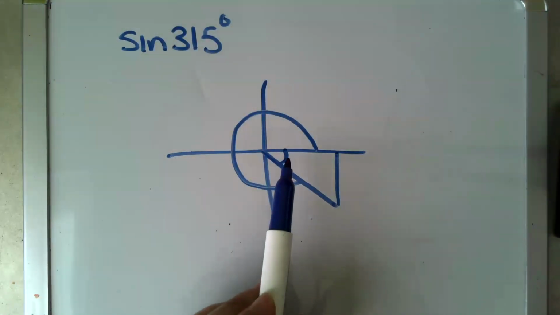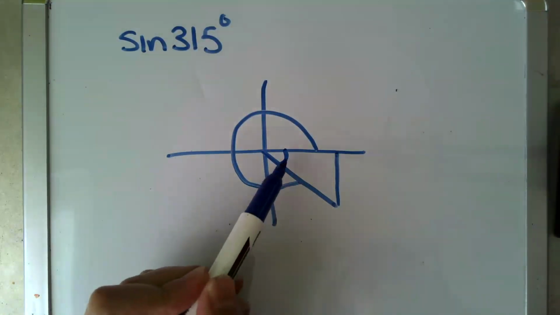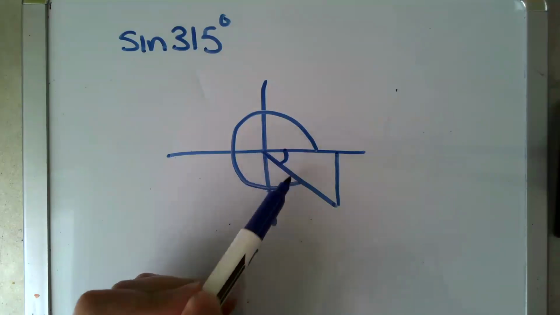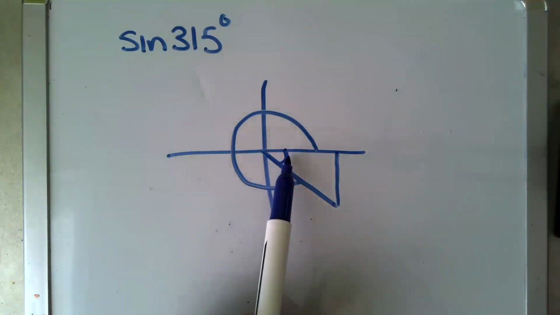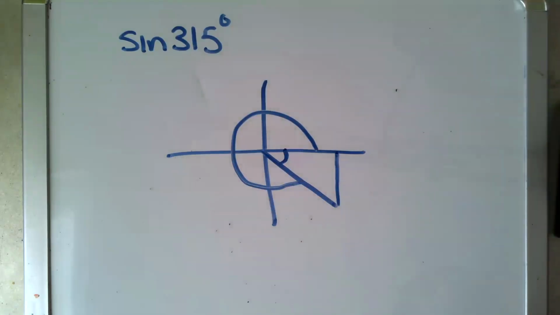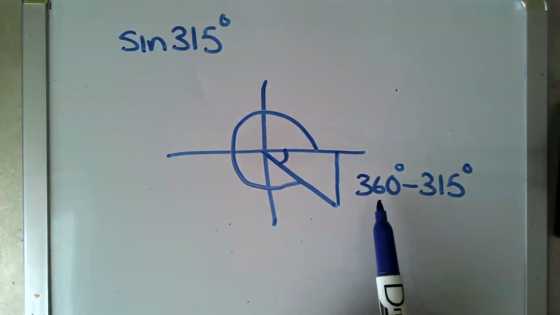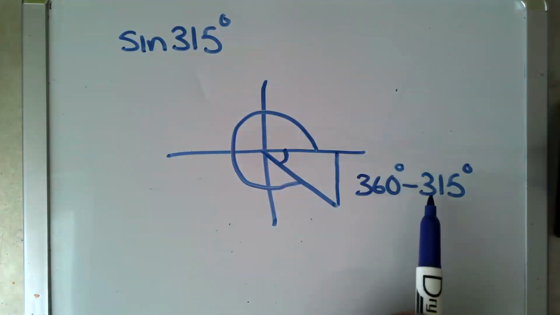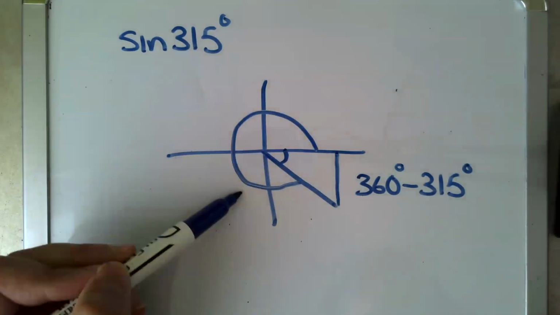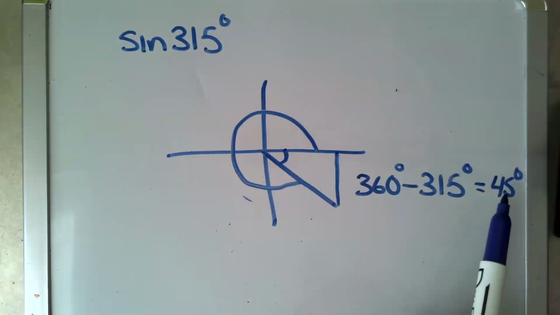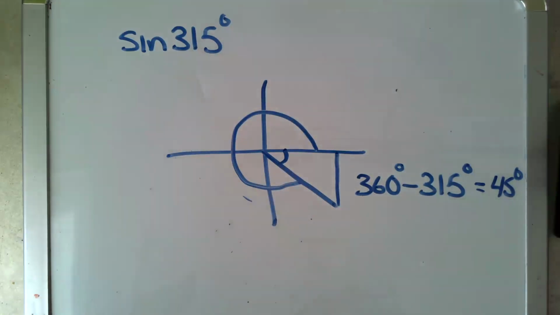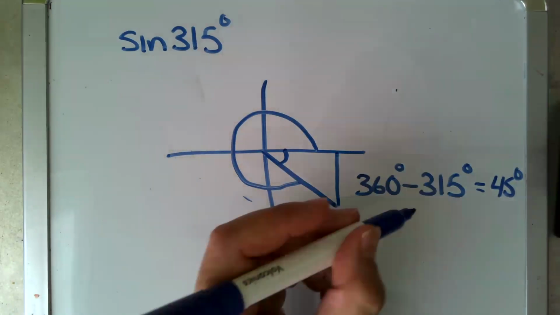So 315 degrees, well, that's this amount short of 360. So the way I isolate our reference angle in the fourth quadrant is I take my full 360 and I subtract away the 315, and I'm left with my reference angle. Once I have my reference angle, I go ahead and calculate the trigonometric function I'm being asked for.